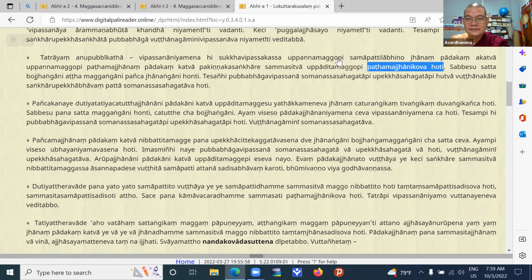Okay, so now I got the idea, because one time Sayadaw was talking about the Sodapana, even the pure saccavibhaṅga also has the first jhana. So now I got this reference. Yes, this is the reference. Saccavibhaṅga skasa upanama gopi patama jani gowa hodi.